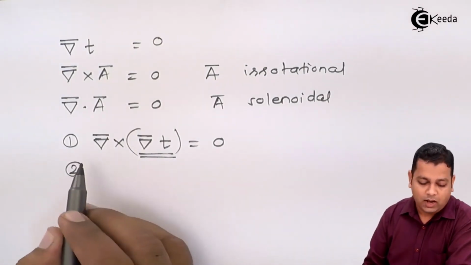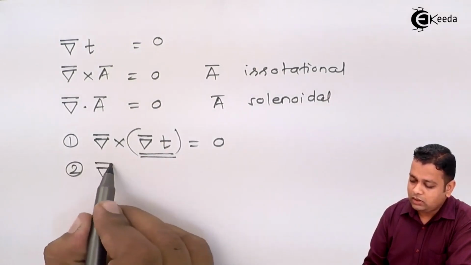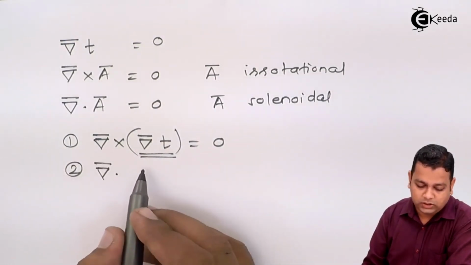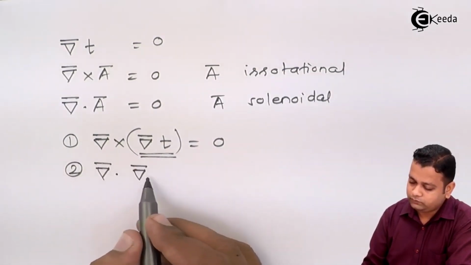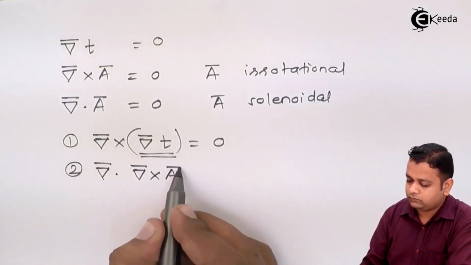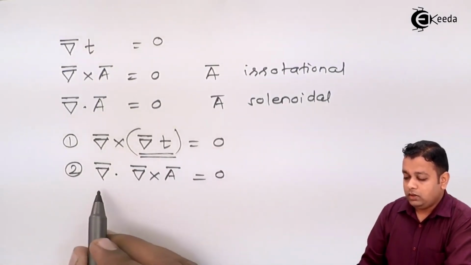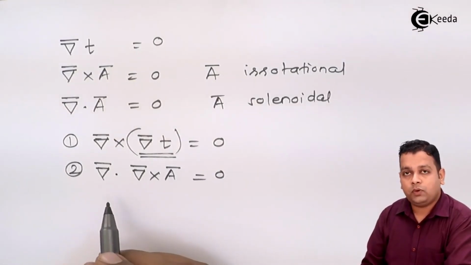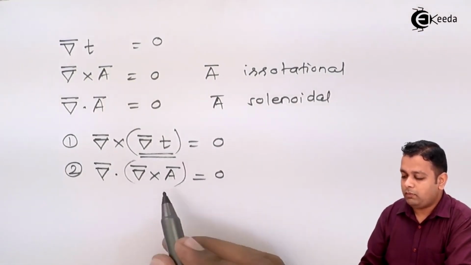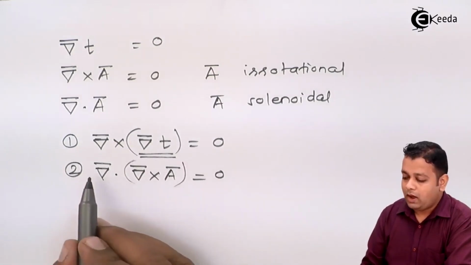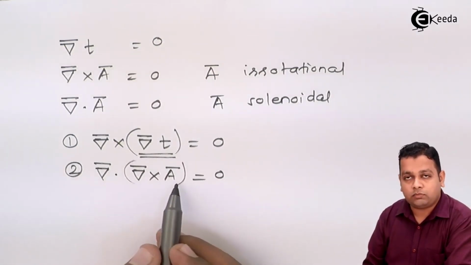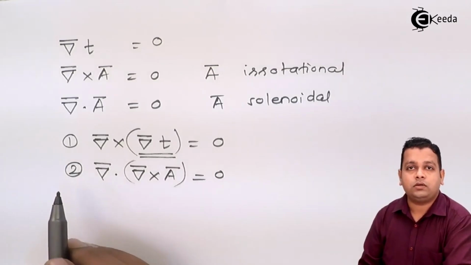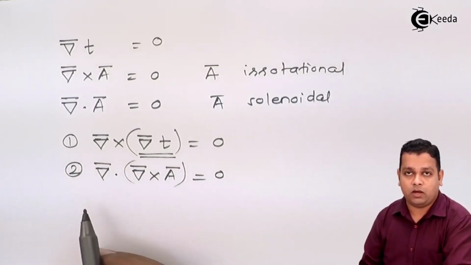Now the second identity representation is del bar dot of del bar cross of A bar. So if you have a look, del bar cross of A bar is a curl, and del bar dot of this particular bracket we shall pronounce divergence of curl of A bar.